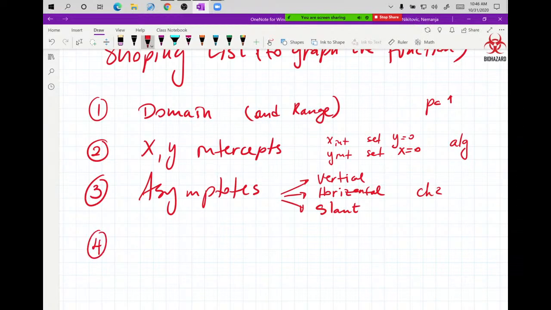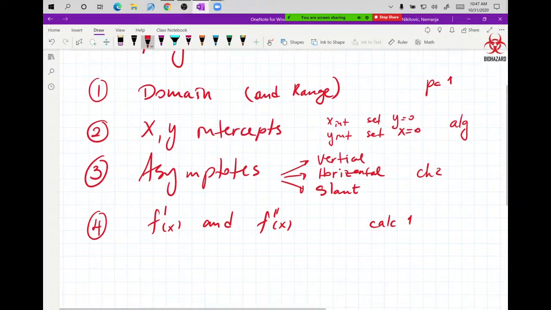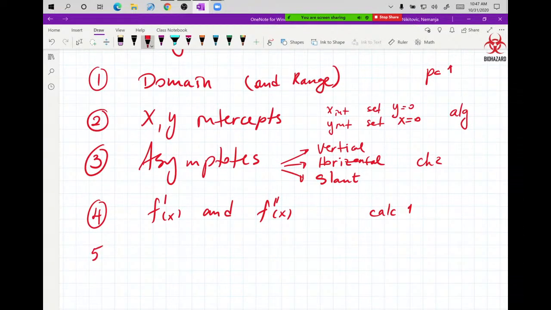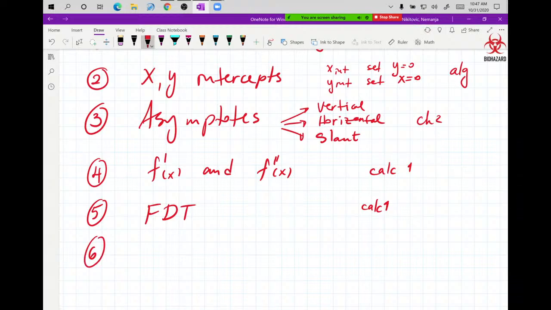Number 4, first derivative and second derivative. That's your calc 1 calculation. And number 5, first derivative test. That's also from calc 1. Number 6, second derivative test.